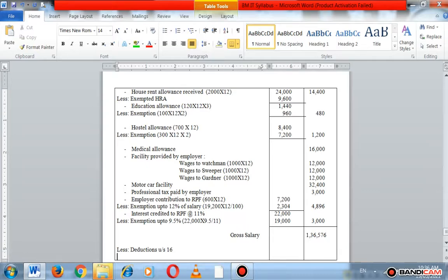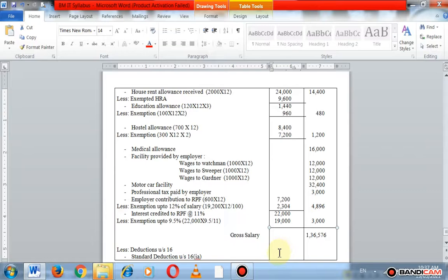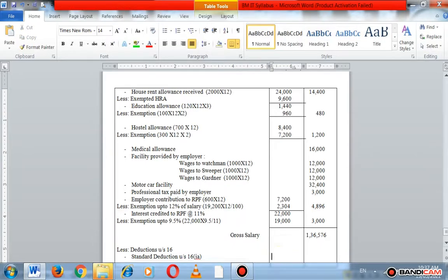We already studied the deductions under section 16, that is standard deduction under section 16(ia), which is fixed at 50,000.